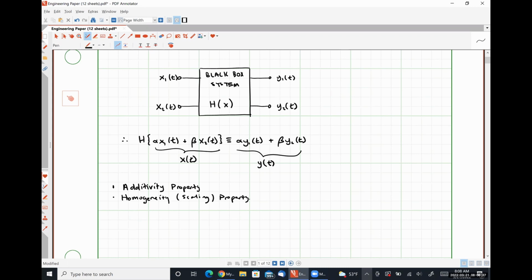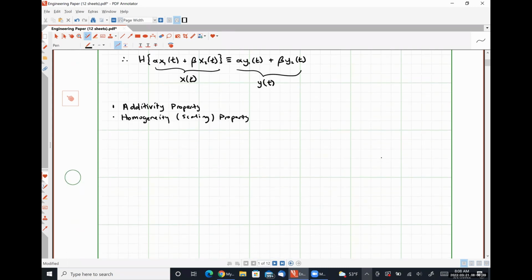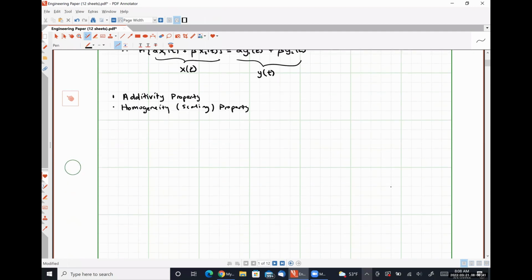So let's talk about the additivity property first. The additivity property is more commonly known, at least in circuit analysis, as the superposition principle. Okay.